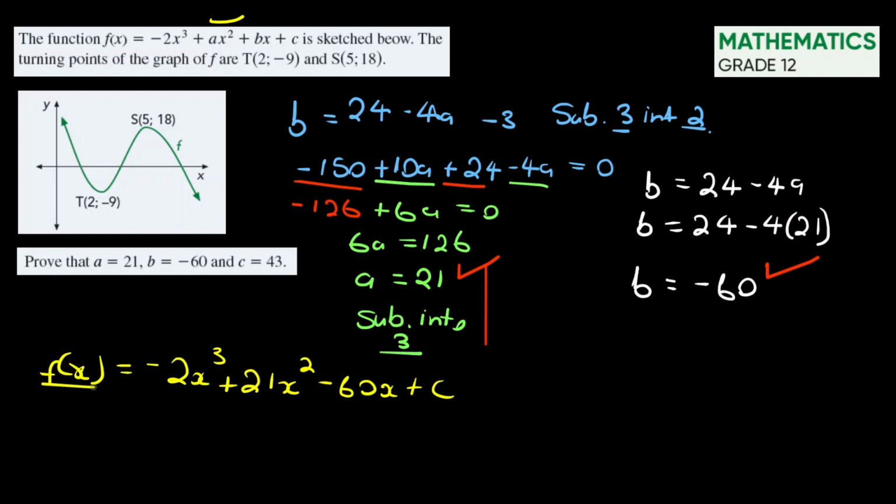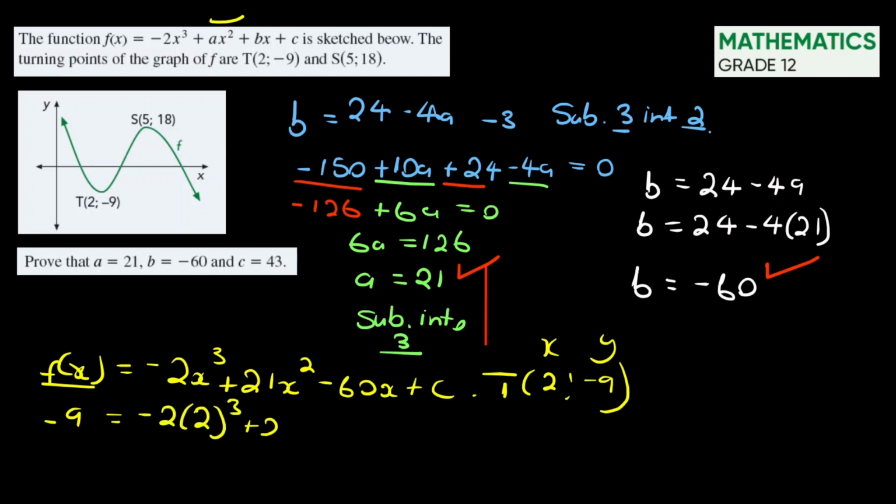So we have f of x, which is y, and we have our x's that are unknown. So we can just simply substitute a point on the graph. For example, we can just take the point 2, negative 9, which will be our x and our y. If we substitute x and y into this equation, we'll have c as the only unknown. Then we can just simply calculate what c will be. So where there's y, we substitute negative 9, where there's x, we substitute 2: negative 2 times 2 cubed plus 21 times 2 squared minus 60 times 2 plus c.